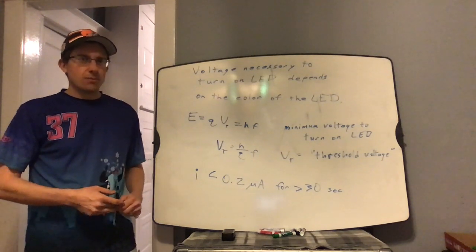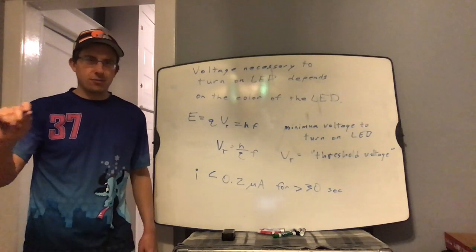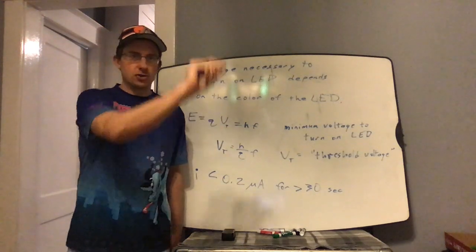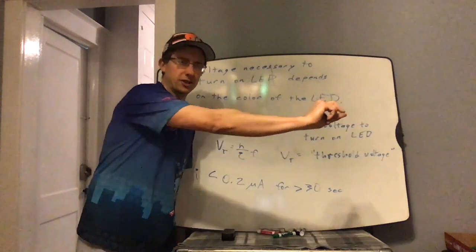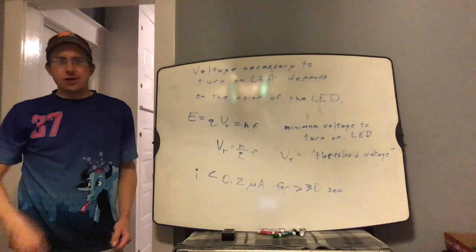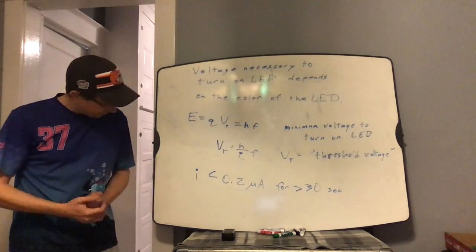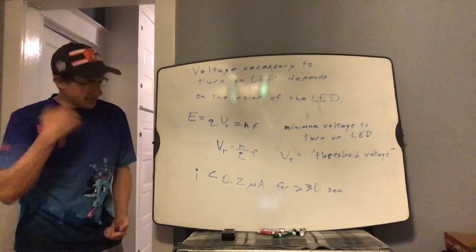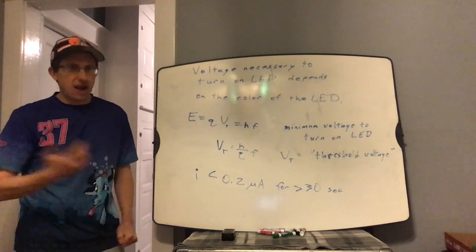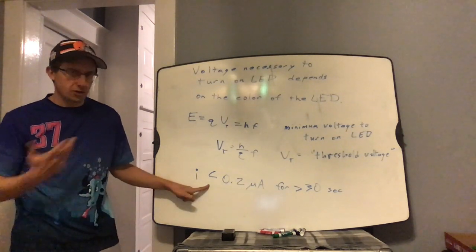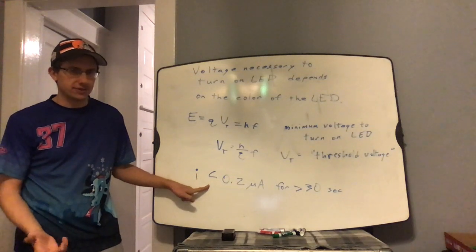So if it's 0.1 microamp, 0.1, 0.1, 0.2, 0.1, 0.1, on and on, I want to make sure it's just not jumping above 0.2 very often. So as long as we are approximately 0, we'll be very close to the threshold voltage, and that will be okay.